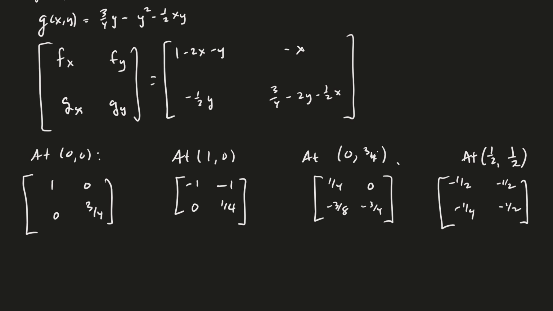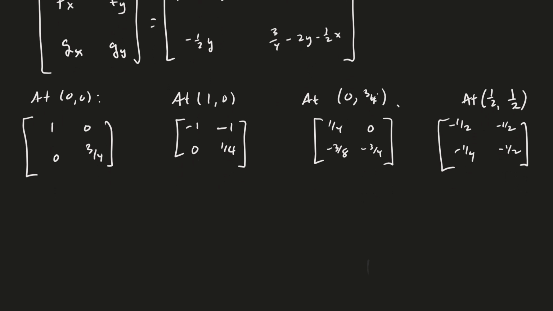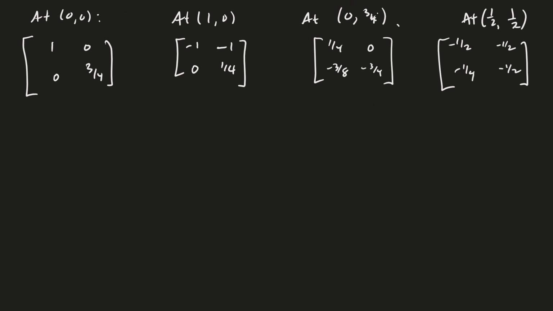All right. So these are the matrices that we use for the Poincare diagram. So we have the determinant. Oops, let's do trace first. Trace, determinant, and then discriminant if we need to.